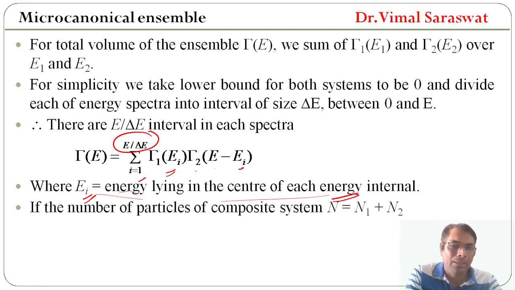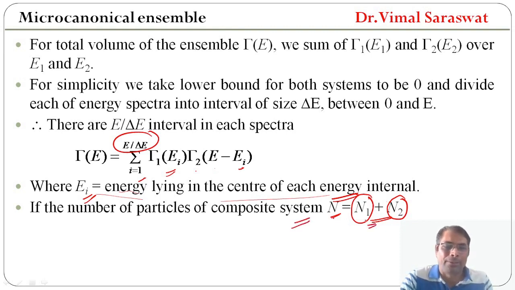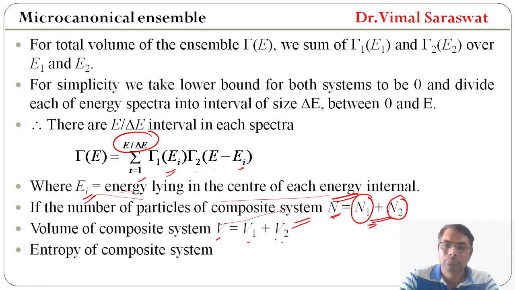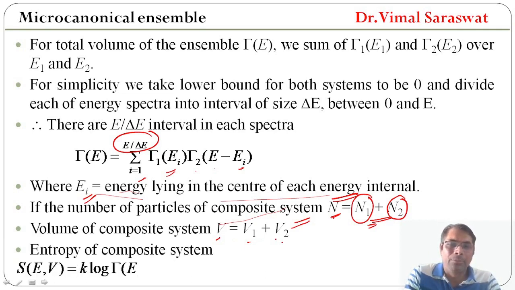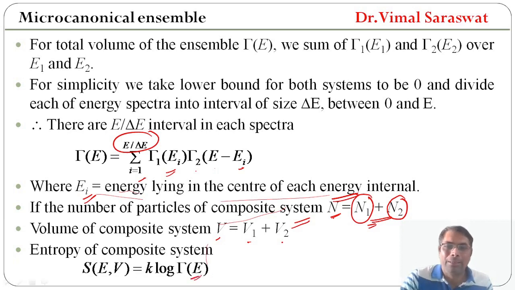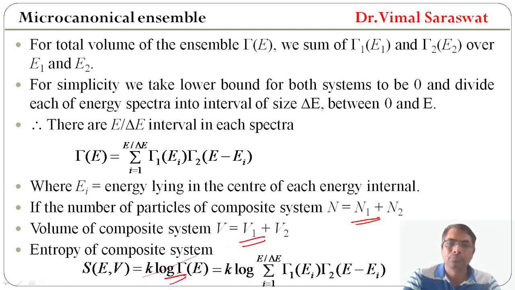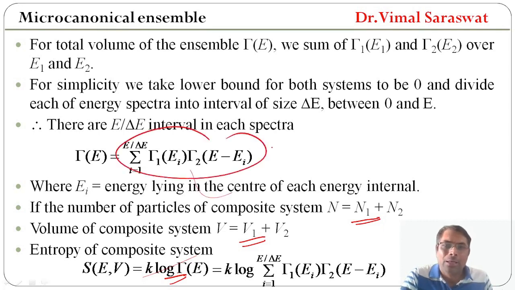If the number of particles of the composite system N is equal to N1 plus N2, where N1 is the number of particles in subsystem 1 and N2 is the number of particles in subsystem 2, and the volume of the composite system V is equal to V1 plus V2, also the entropy of the composite system S is equal to k log gamma E. And gamma E is this one, so we substitute this value.